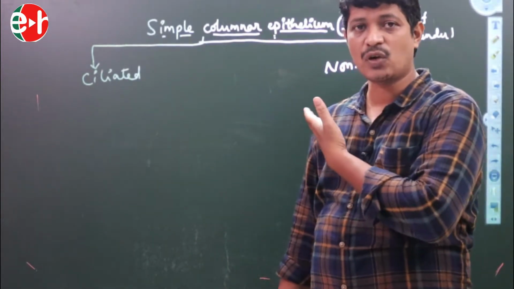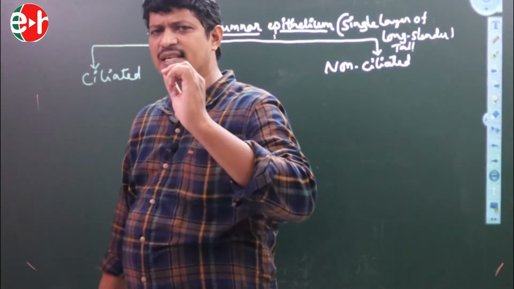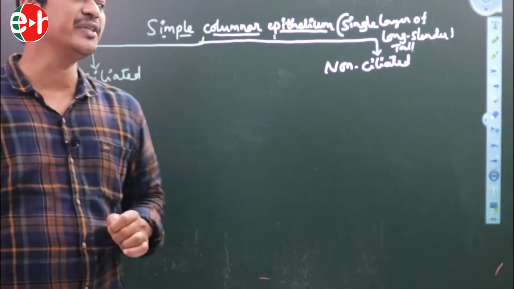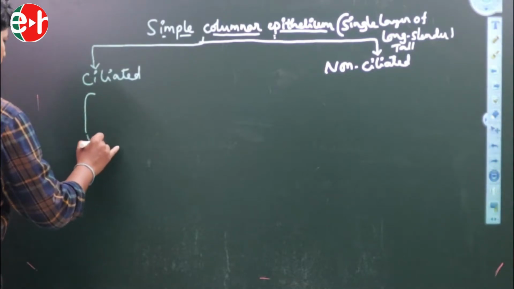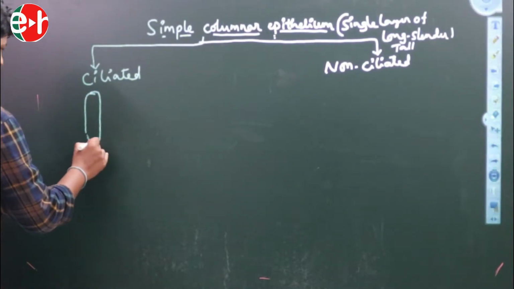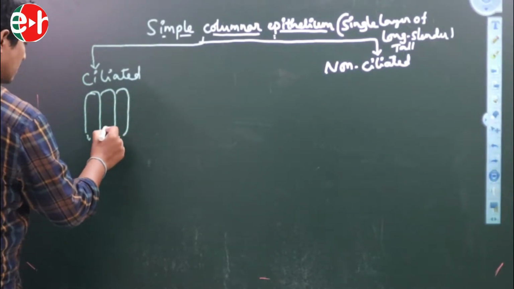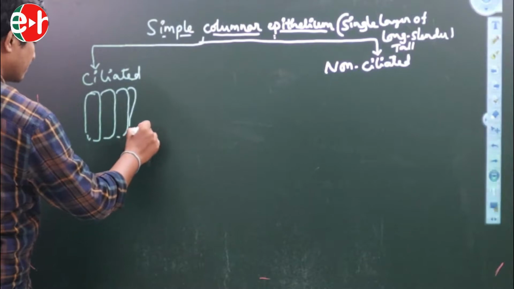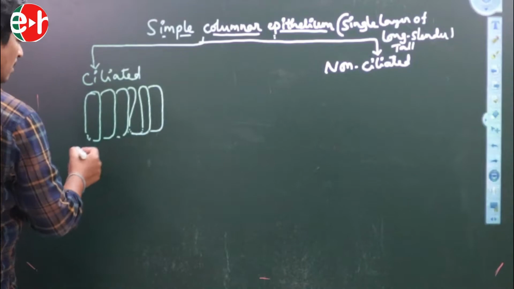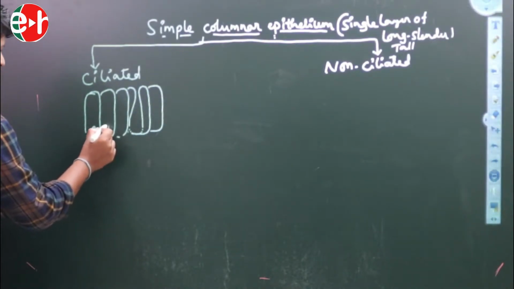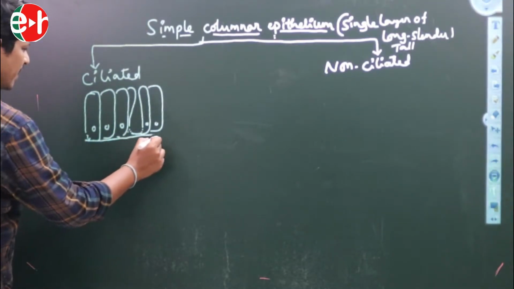But in simple columnar epithelium, the nucleus is present very close to the basement membrane, in the ciliated epithelium as well.